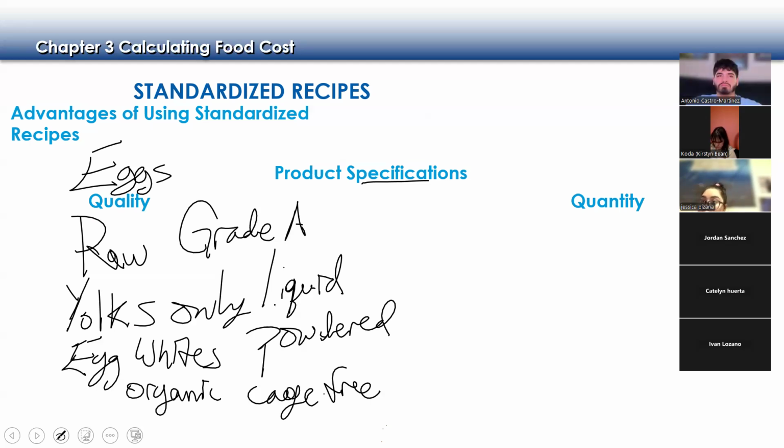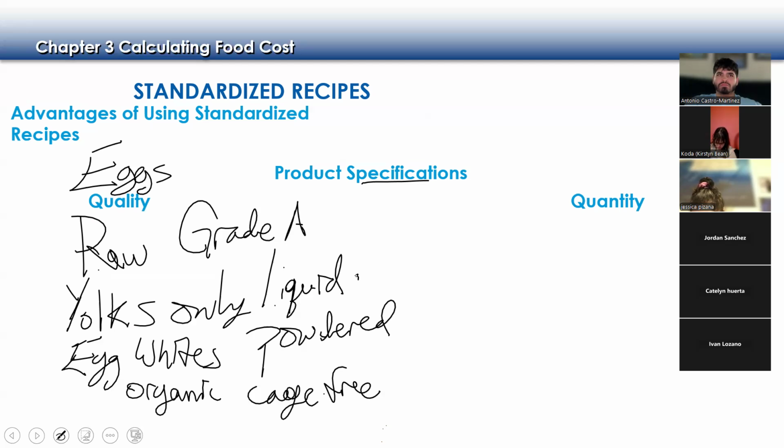No. If I'm trying to make sunny side up or fried eggs, I need to use raw eggs in the shell. If I'm just whipping up a bunch of scrambled eggs for an omelet station, I could probably buy liquid eggs. That saves me time in having to crack all those shells and whip all those eggs up. Our recipe will tell us what we can or cannot substitute.